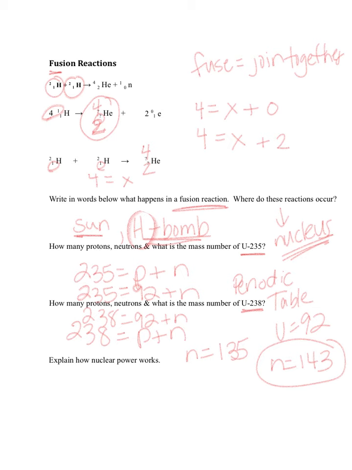Nope, I did that wrong. I'm sorry. It's going to be 146. 146 neutrons. And so here, what is the difference between uranium-238 and uranium-235? The difference is 3 neutrons. Uranium-238 has 3 more neutrons than uranium-235.